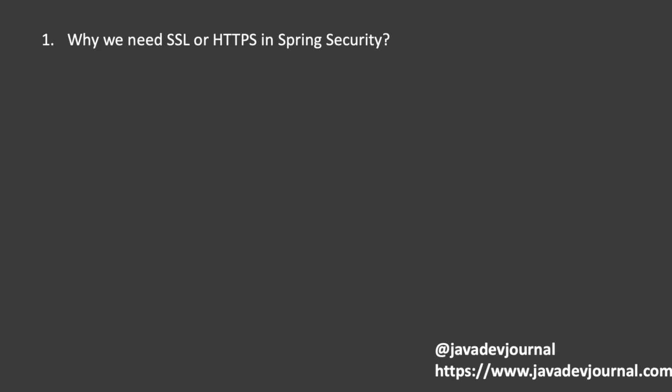There will be a communication happening between the browser and our server, where the application is running, and then there will be a response going back from our application to the browser, right? In HTTP, this communication happens in plain text. So you fill in your username and password. Let's say your username is 123, your password is also 123. That will be sent to our application on HTTP as plain text.